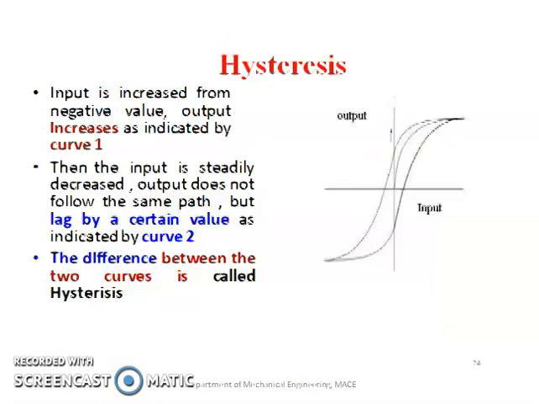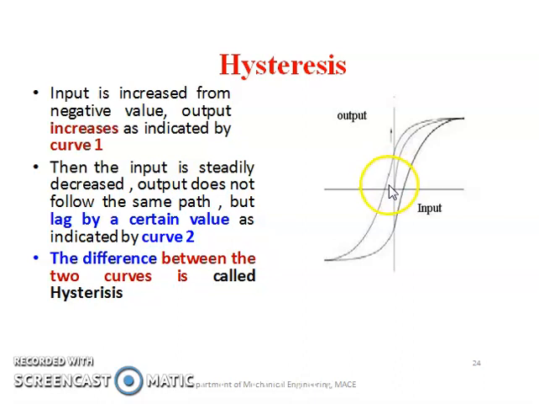Next characteristic is hysteresis. You can see here when you increase the input like this, the output also starts increasing, but when you start decreasing the input, the output decreases through another curve.